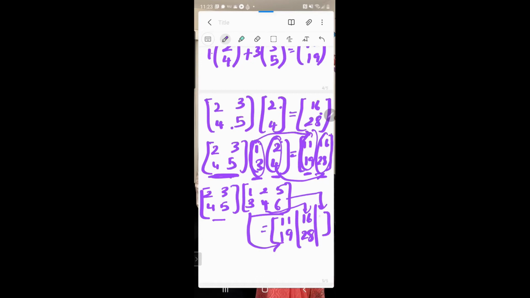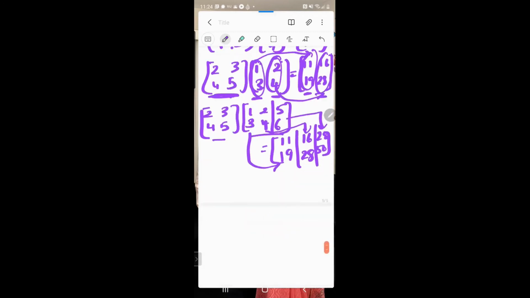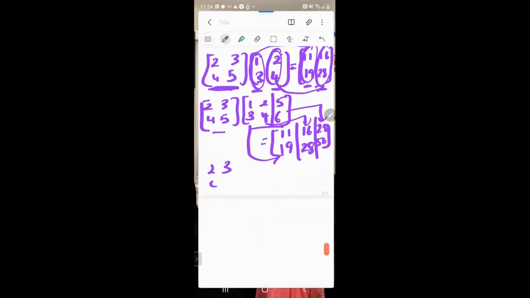28, 50. Okay, can anyone else confirm that? Okay, so what would you multiply 5, 6 to? Always the same thing. So ignore the other part of the matrix. It's just 2, 3, 4, 5 multiplied with 5, 6.